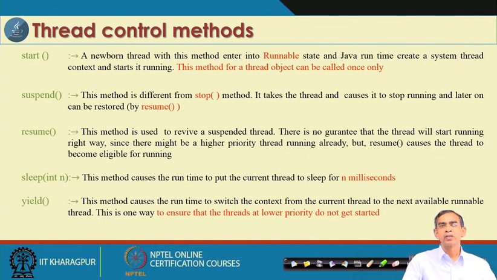So sleep means the thread will not do anything, it only sleeps for some time. And the yield method basically switches the context from the current thread to the next available runnable thread. Usually the yield method is used to invoke threads that are waiting, ready for execution in the runnable state.